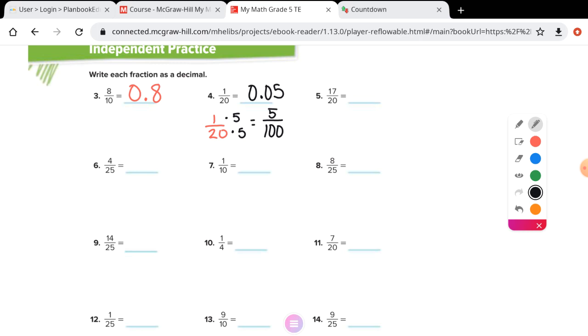So on this one, what will we build it up to? Jackson, what do you think we should build that 20 up to? 21. What does the denominator have to be for us to write a fraction as a decimal? We have 3 options.